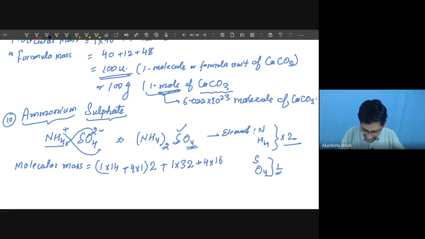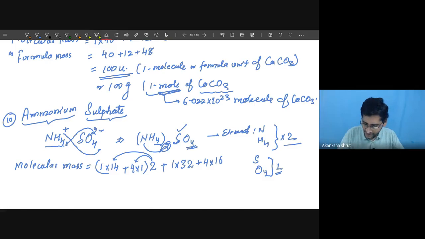Student, it is this way. Or you may consider nitrogen itself as 2 times and hydrogen 2 times multiplied by 4 into 1. That can also be written, because it appears these 2 get distributed to both. So both ways of writing are correct.